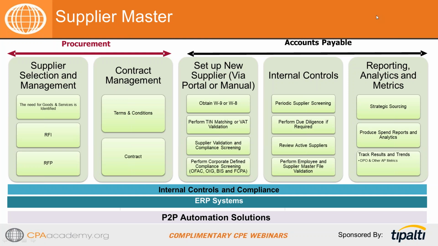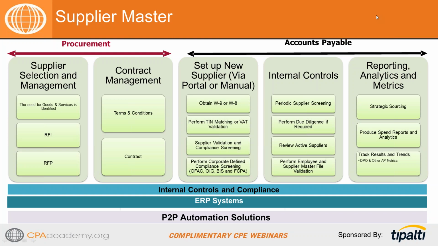The supplier would be set up either manually with a manual onboarding process, but typically it's not even considered a best practice anymore. It's considered almost mandatory to obtain a W-9 for domestic suppliers or W-8 for foreign suppliers, and perform TIN matching, and then for foreign suppliers, any sort of VAT validation.